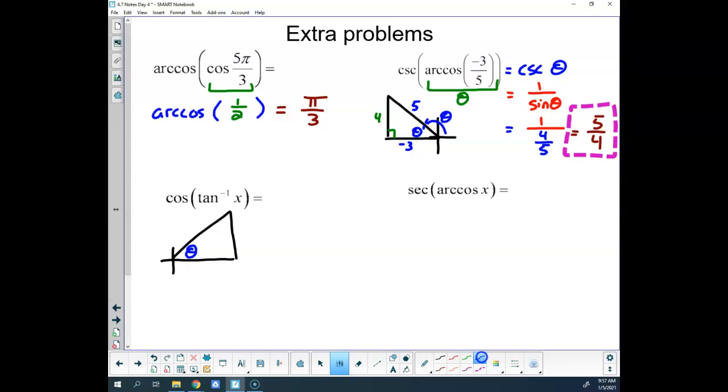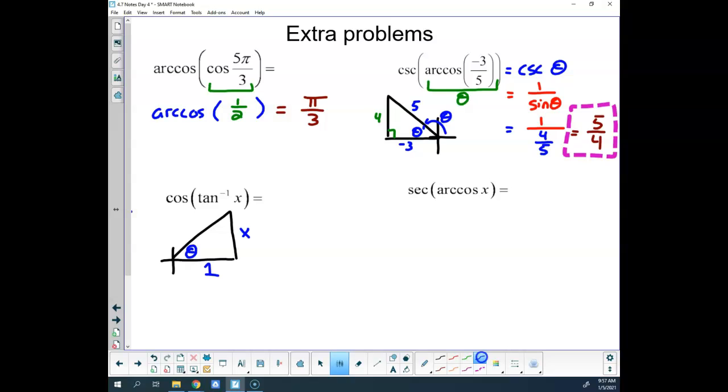Tangent is opposite over adjacent. So x divided by 1 is x. So I've got an opposite side of x and an adjacent side of 1.